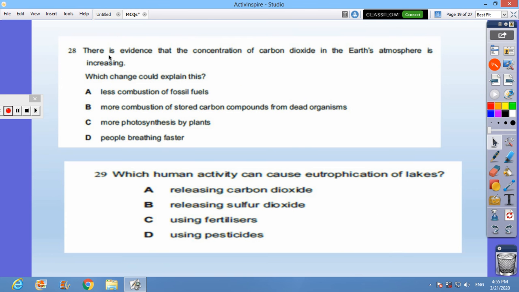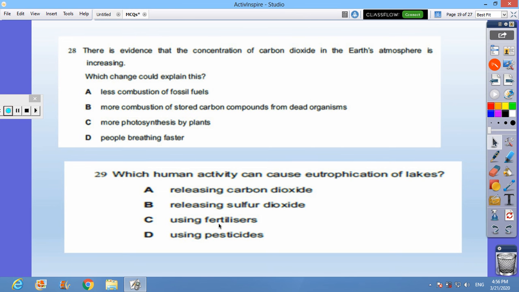28. There is evidence that the concentration of carbon dioxide in the Earth's atmosphere is increasing. Which change could explain this? More combustion of stored carbon compound from dead organisms. 29. Which human activity can cause eutrophication of lakes?